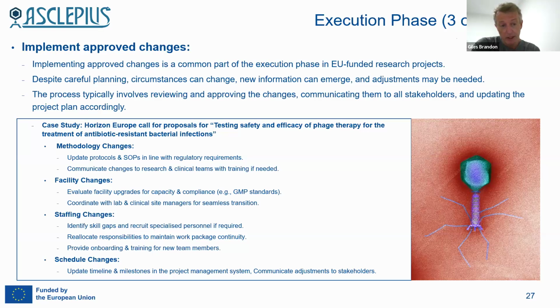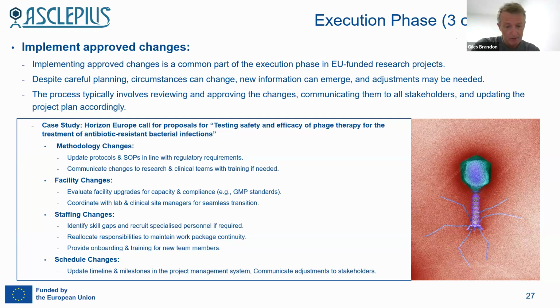There may need to be communication changes to research and clinical teams, with training if needed. Facility changes. It's important to evaluate facility upgrades for capacity and compliance, e.g. GMP standards. If this is the case, it's important to coordinate with lab and clinical site managers for seamless transition.